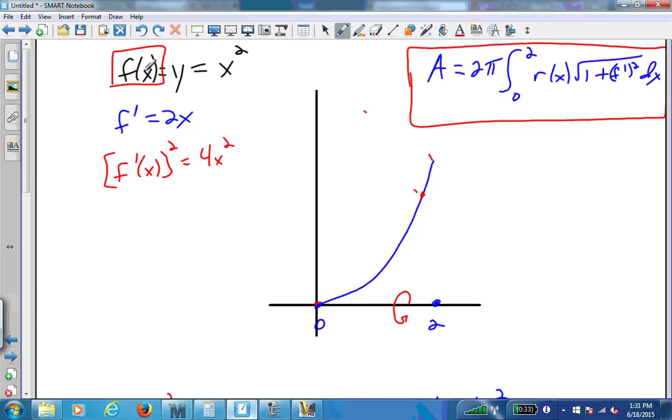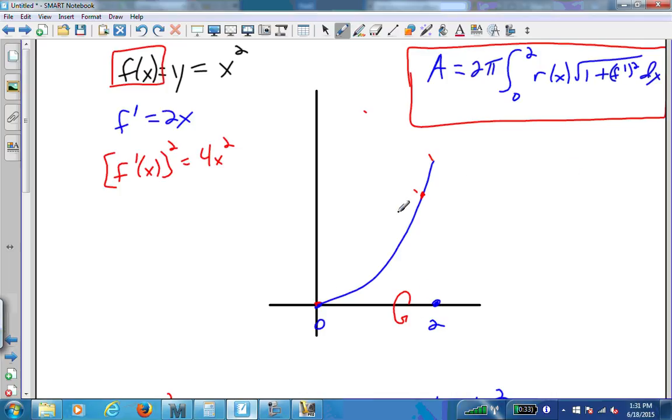If our function is given as a function of y, then we'll do dy. This would be f prime or g prime of y, and then we would want this in terms of y. But if our function is given in terms of x, then we'll want to do dx, which means our derivative will be in terms of x, and so will this be in terms of x.